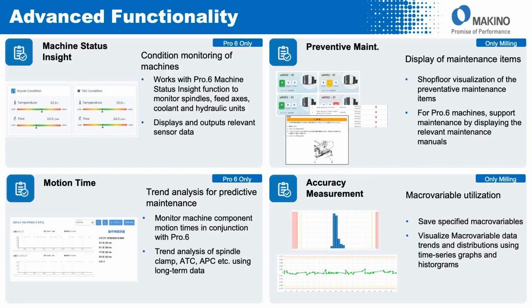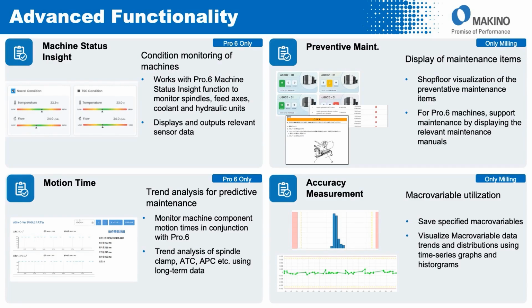In MAS-3i, we've added new functionality that focuses on the advanced usage of the Makino machines. Machine Status Insight, which is the new version of MH Max, monitors the spindle, feed axis, coolant, and hydraulic unit and can be displayed in MAS-3i.